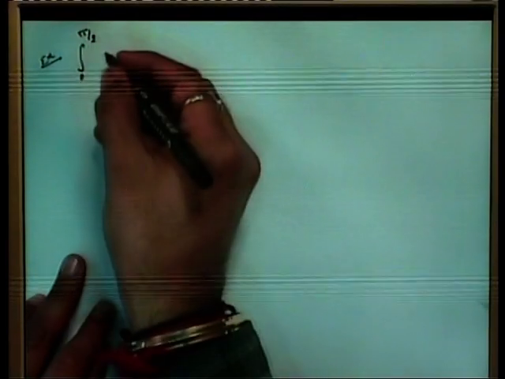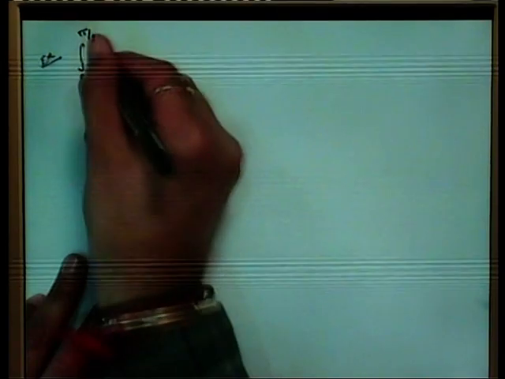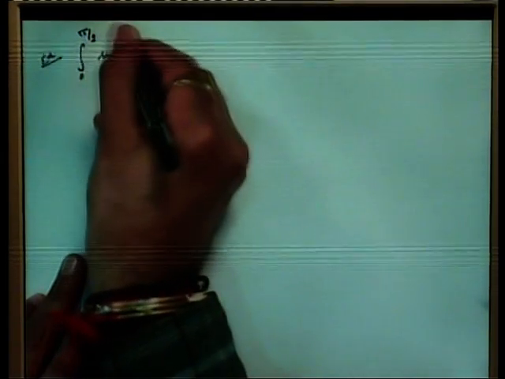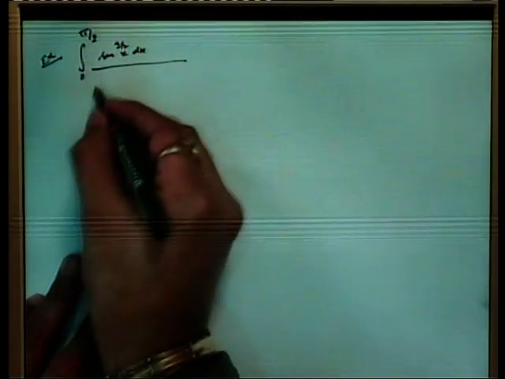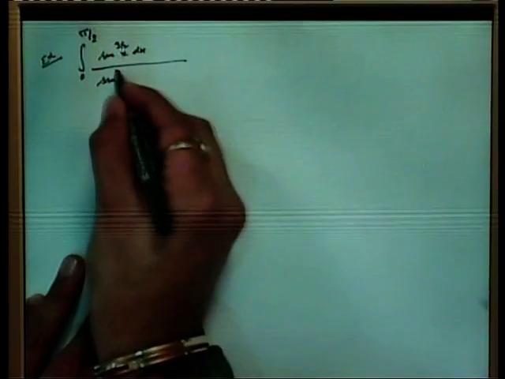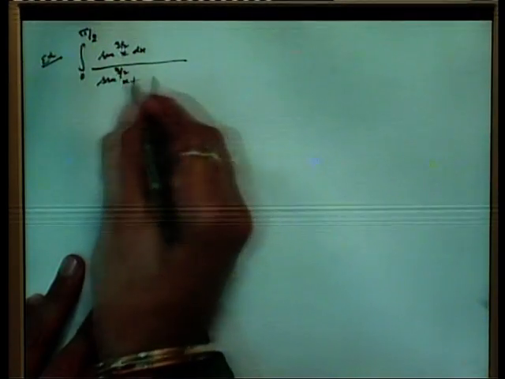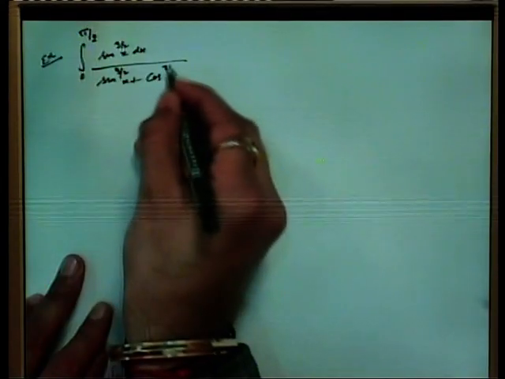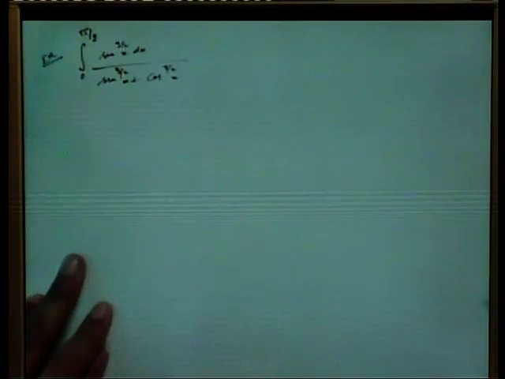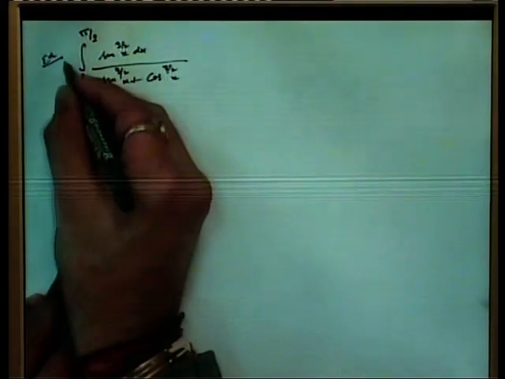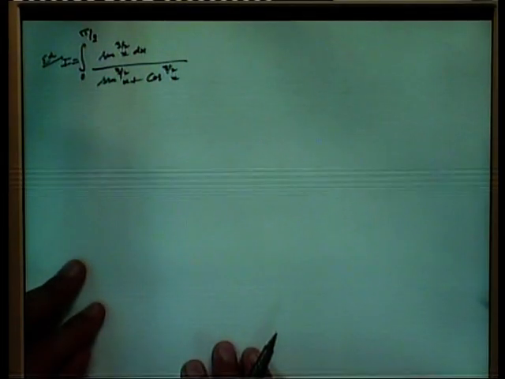Let us take an example of a trigonometric function: integral 0 to pi by 2 of sin^(3/2) x dx divided by (sin^(3/2) x plus cos^(3/2) x) dx. By the direct method of definite integration, it is not possible to solve this problem very easily.